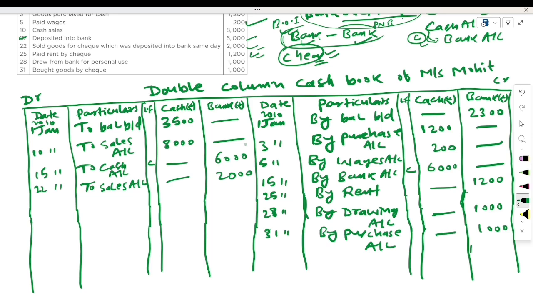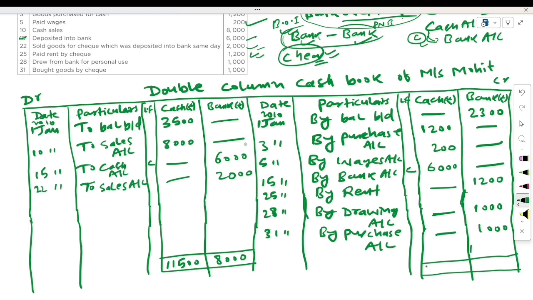That's it. Now we have to check which side the balance is more, debit side or credit side, and we will have to balance it. Here in the cash column, the debit side has more balance, 11,500, and in the bank column also the debit side has more balance, 8,000.